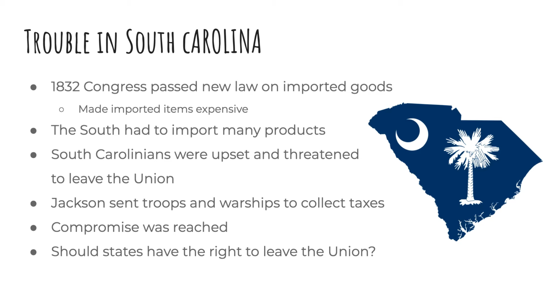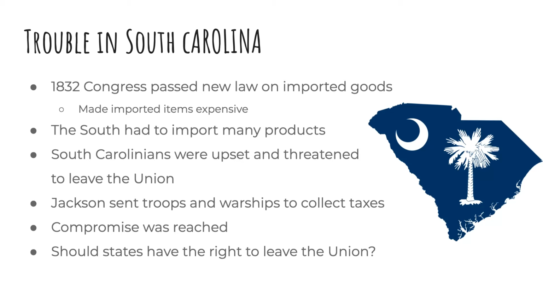So South Carolina wanted to break away from the United States and they were going to become their own independent country. But Jackson decided to send troops and warships and all of this weaponry to South Carolina to collect all the taxes.